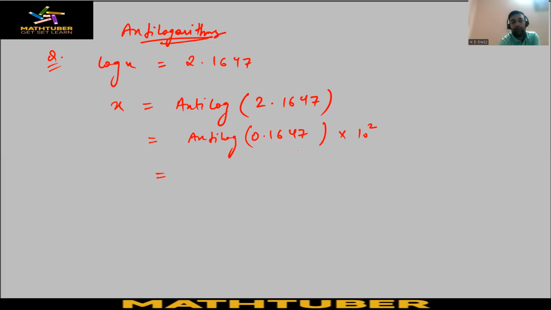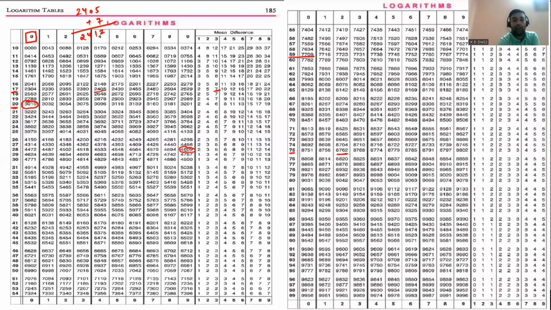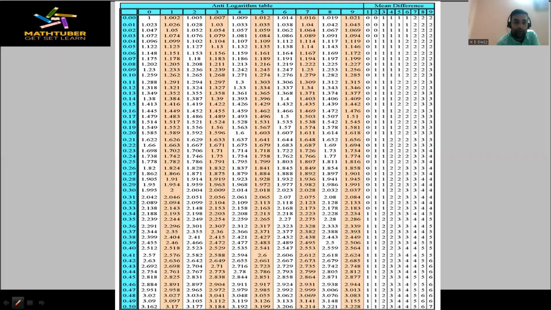Now the anti-log of 0.1647, so you have to first find out 0.16 in the anti-log table. So this is the anti-log table. We have to first find out 0.16 here, which is this one. Then after that we have 47. So on the fourth column of this, we have to see. So the fourth column here is this one, and the value is 1.459.